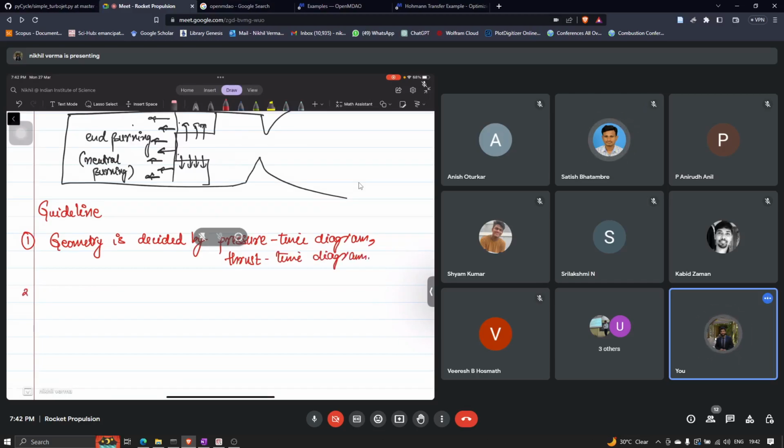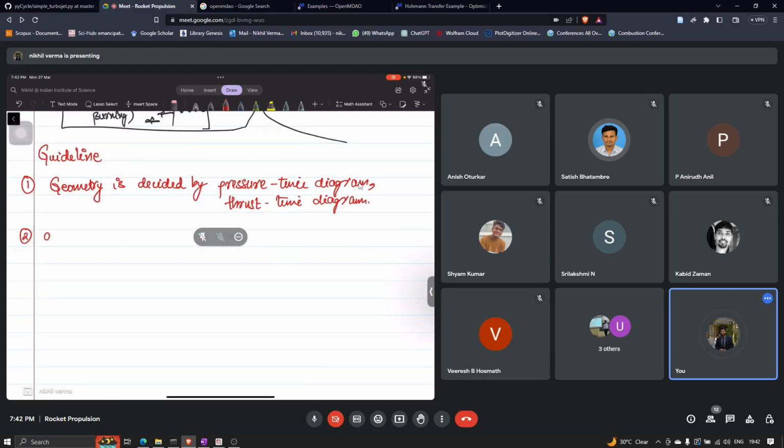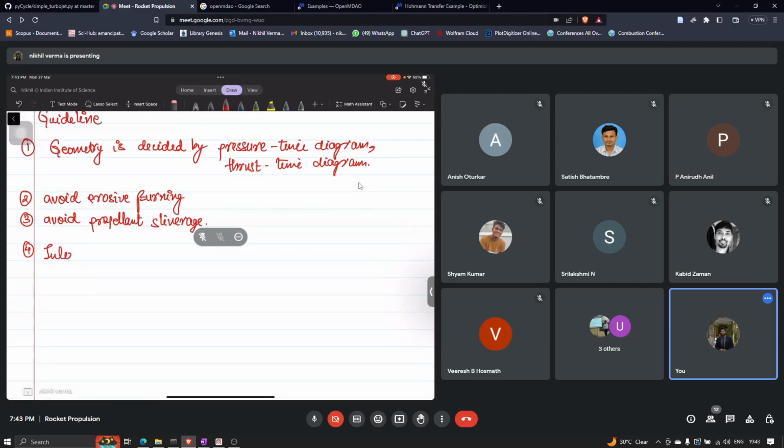Okay. Next, we have to avoid erosive burning, and next is to avoid propellant sliverage. Fourth, the internal cavity should not cause combustion instability.